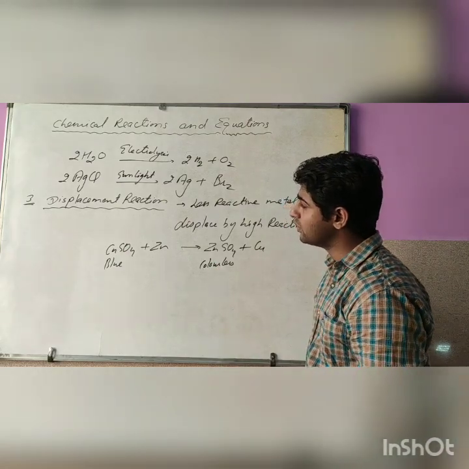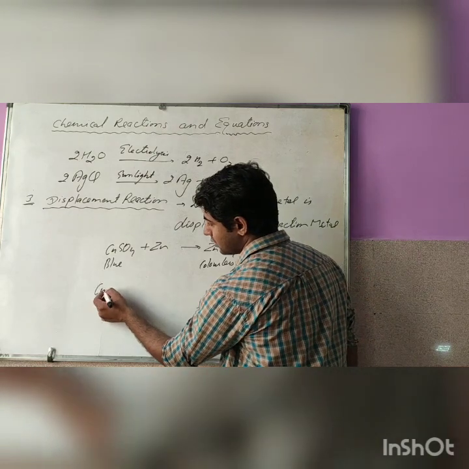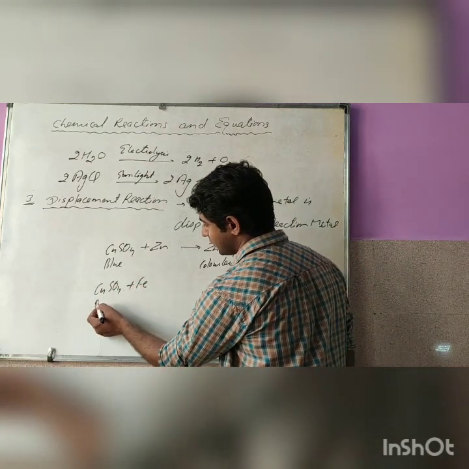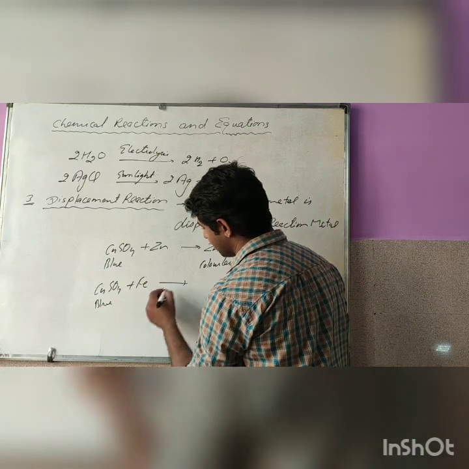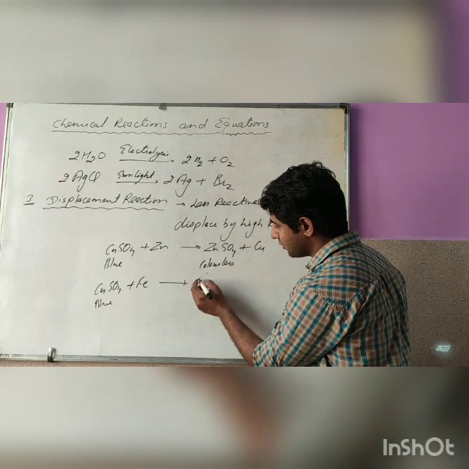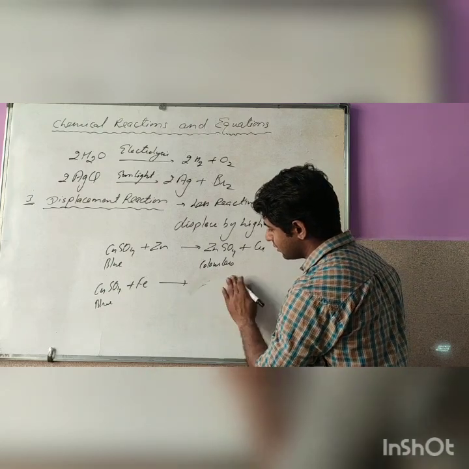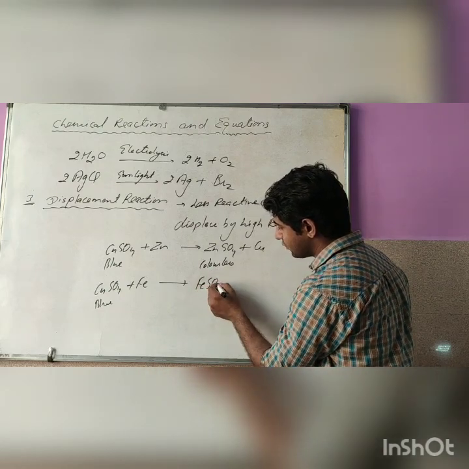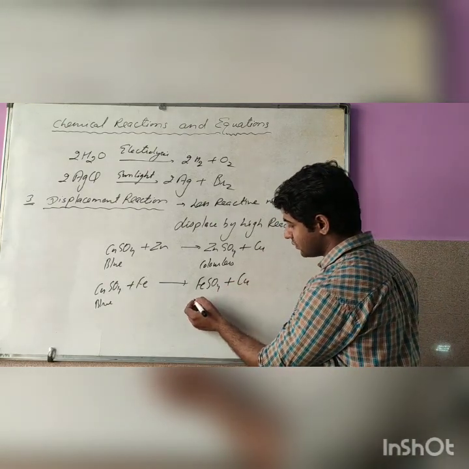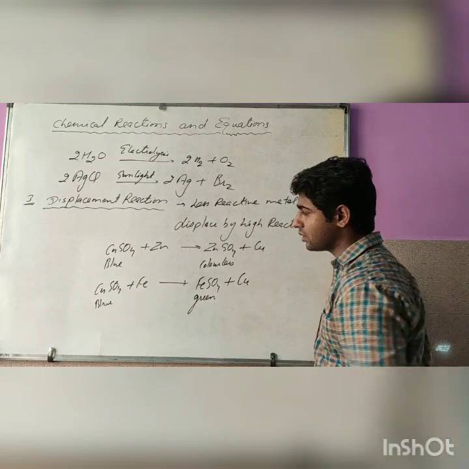Another example of displacement reaction: CuSO4 plus Fe. Blue color, iron Fe, it will give FeSO4 plus Cu. FeSO4 is a green color.